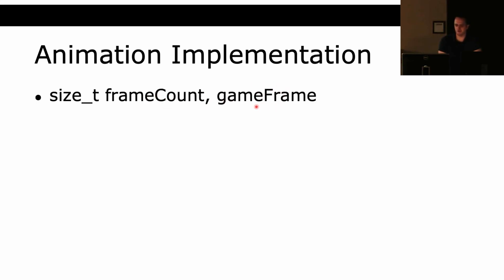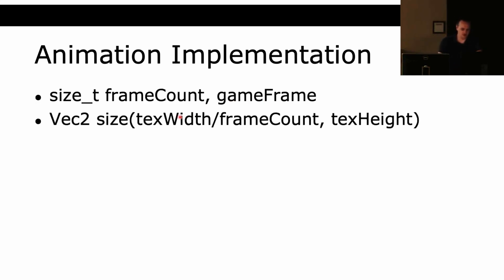And game frame here means how many frames this animation has existed for in our game. So for example, if our game is running at 60 frames per second, and this animation has been around for 3 seconds, this variable will be at 60 times 3, 180. Okay, someone was awake, thank you.